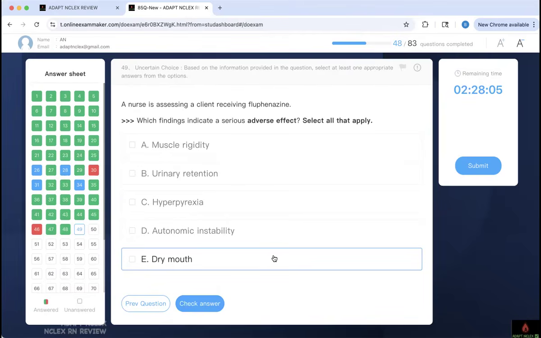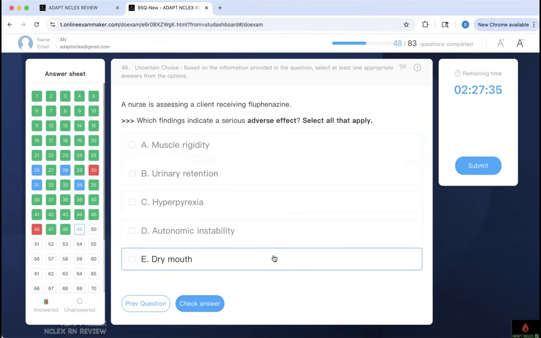And this is assessing a client on fluphenazine. You have to know what medication this is. Which finding indicates a serious adverse effect of that? Muscle rigidity, urinary retention, hyperparathyroidism, autonomic instability, and dry mouth. First, recognize the medication. If you recognize it, you know what the main function of it is and what you need to do. You pick your answer, it's a select all that apply.